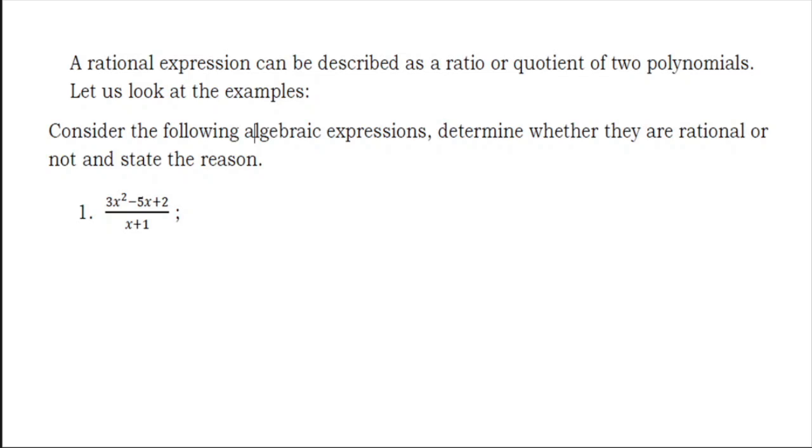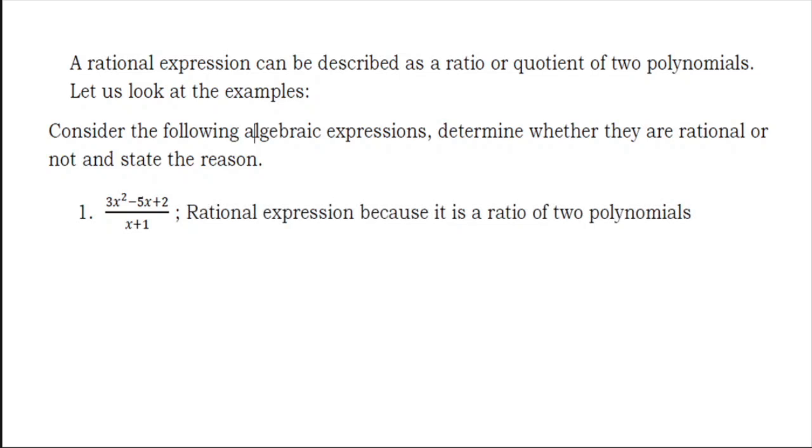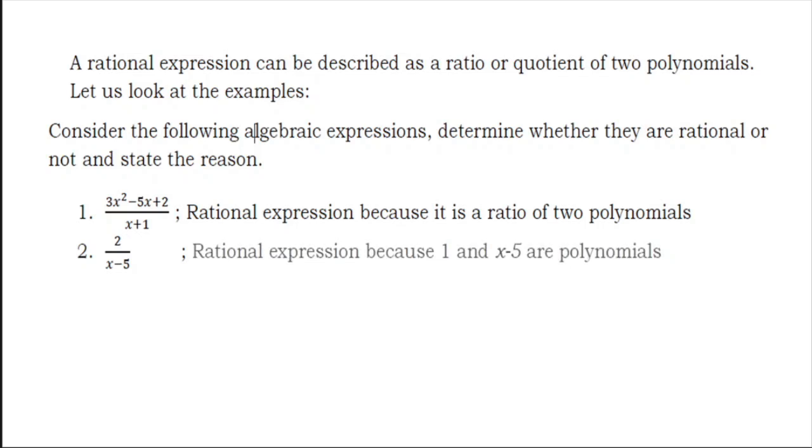So this is an example of a rational expression because it is a ratio of two polynomials. Both the numerator and denominator are polynomials. Next, number 2: 2 over x minus 5. This is an example of a rational expression because 2 and x minus 5 are polynomials.